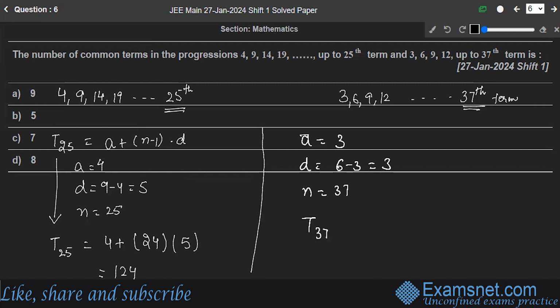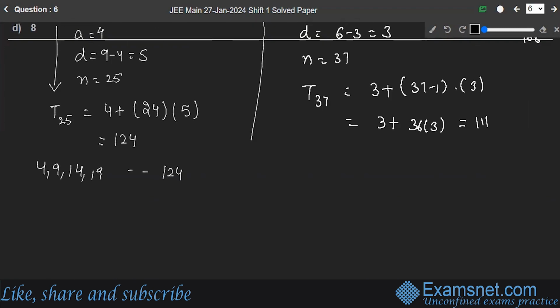So T37 is equal to 3 plus (37 minus 1) into 3, which is equal to 3 plus 36 into 3. This is 111. So now the series over here will be 3, 6, 9, 12 up to 111.